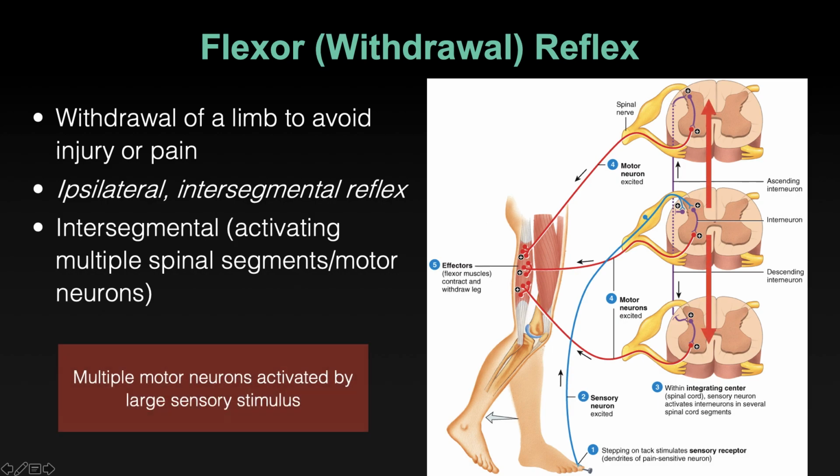But I'm also going to send that information up and down within the spinal cord to other areas that will activate the same muscle. What this allows me to do is make a more forceful and quicker withdrawal, because this is probably a pretty severe, painful experience. More segments of the spinal cord, activating more motor nerves, activating the muscle to a greater degree, generating more force, allowing me to quickly move my leg out of the way.